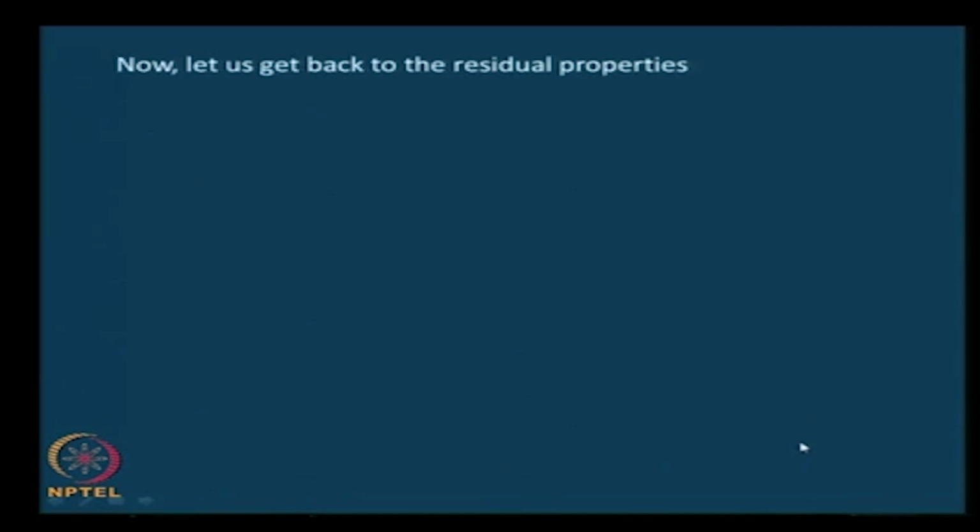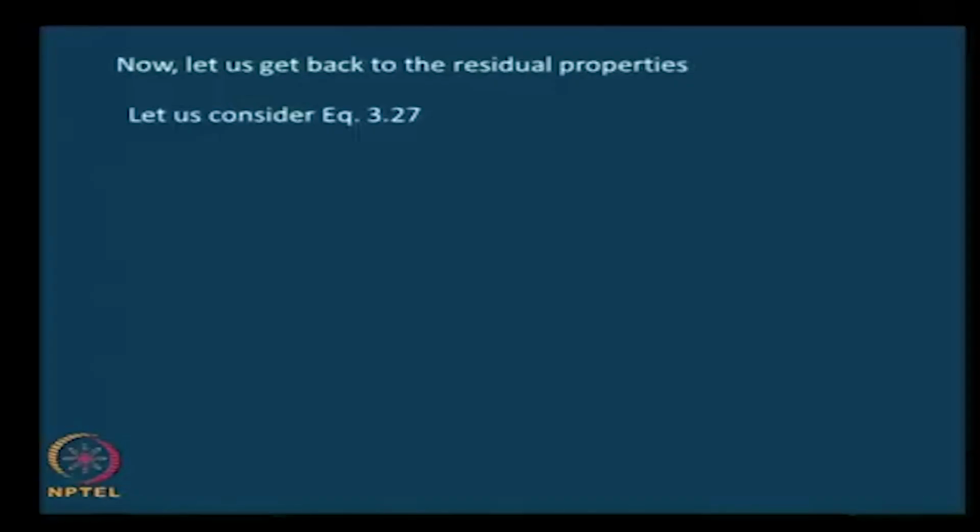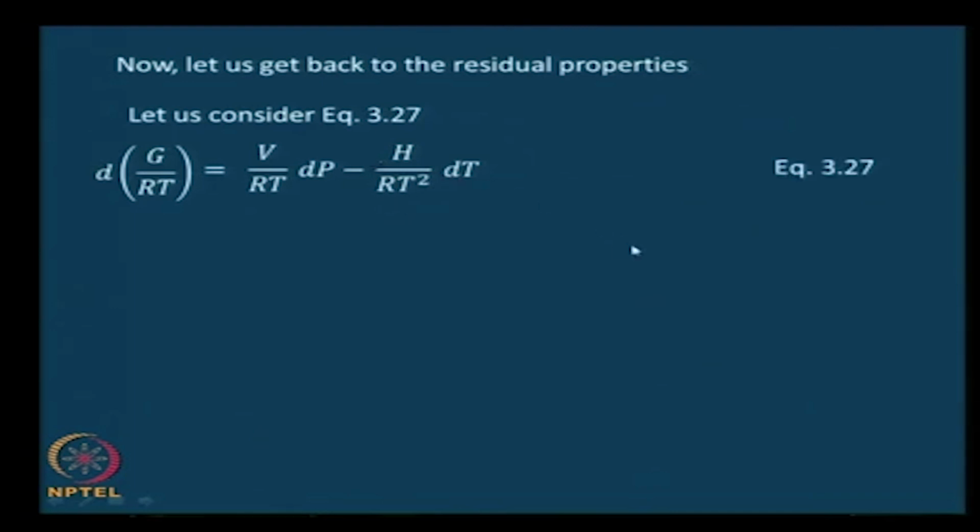Let us continue and get back to write proper residual properties now. Let us consider equation 327. I am going to present it here again, we do not have to go back now. D of G by RT equals V by RT dP minus H by RT squared dT. This was equation 327.